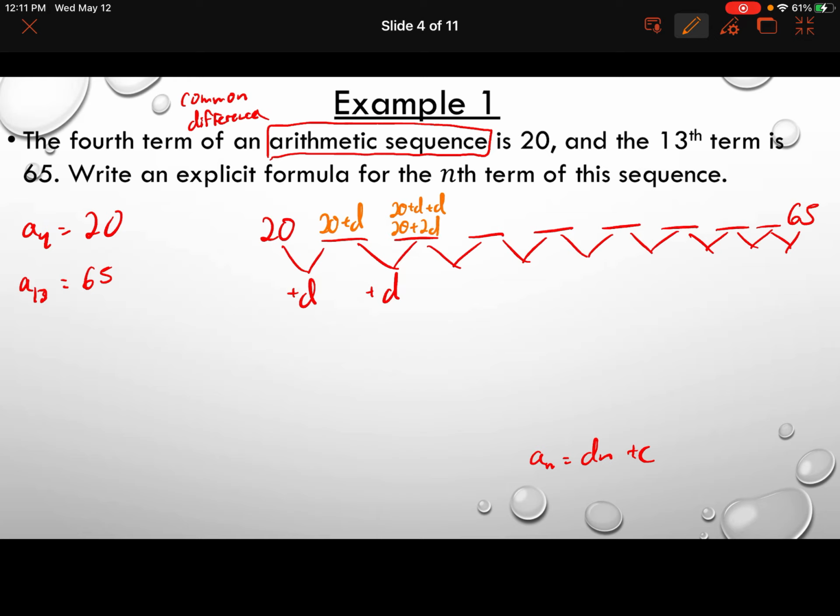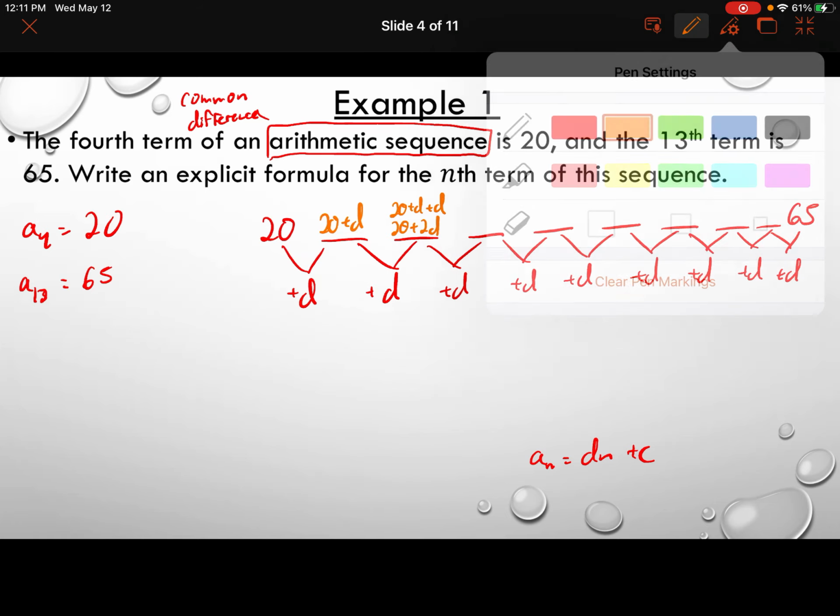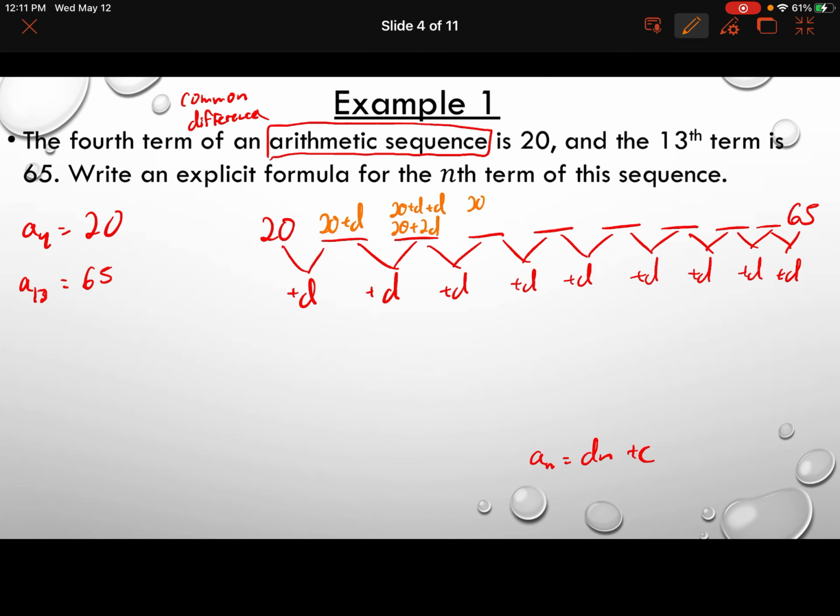And you might notice what is happening here. We're actually going to continue with this process: plus D, plus D, plus D, and then we just keep on going. So the next one would be 20 plus 2D, because that was the previous term, plus another D. So that would be 20 plus 3D.